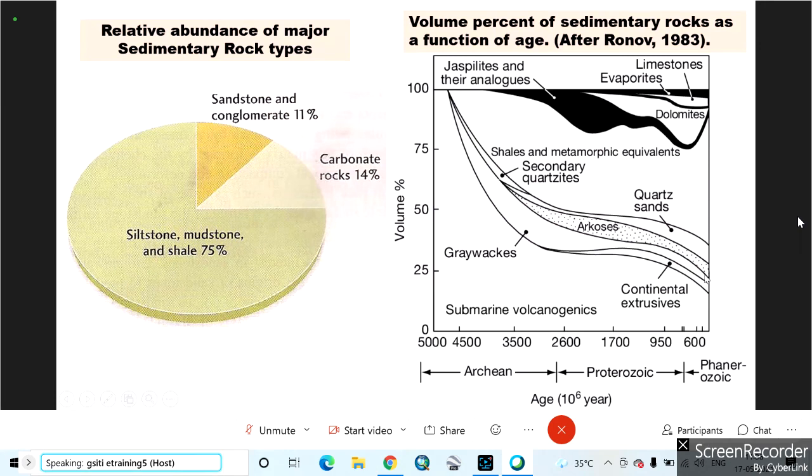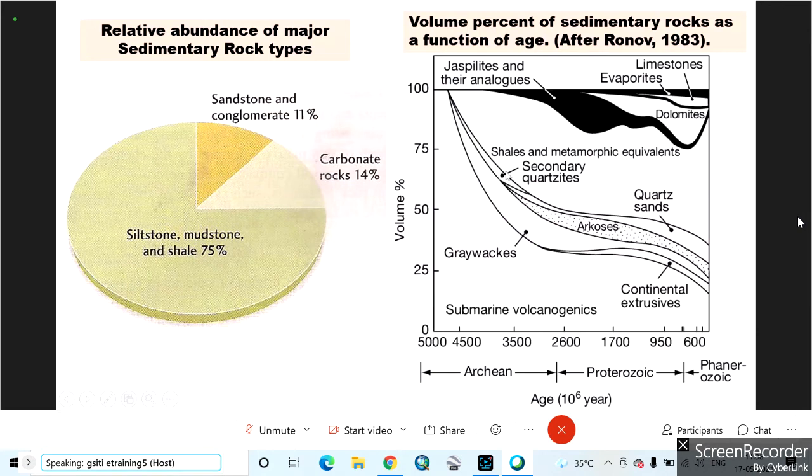Here in this figure, you can see that the distribution of the sandstone and shale is approximately continuous from the Precambrian time to the Neoproterozoic time, whereas there is a minor variation among the different sandstones, for example the gravity, arkosic, and the quartzite.